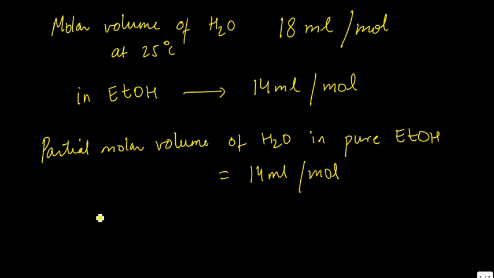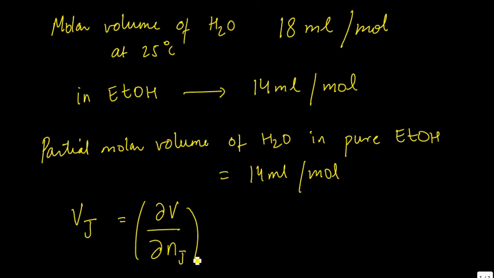Which means, let's denote the partial molar volume of some component J as V_J, and say that this is equal to the change in volume with a change in the number of moles of that component J, keeping everything else fixed.